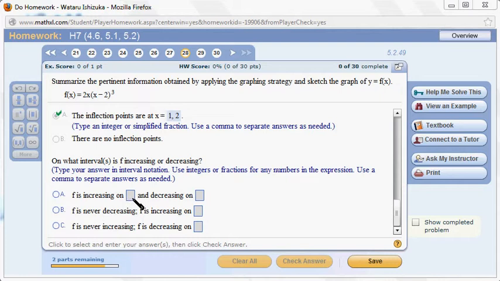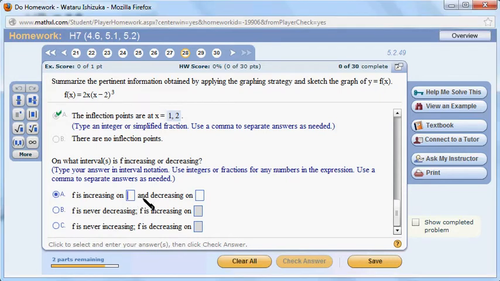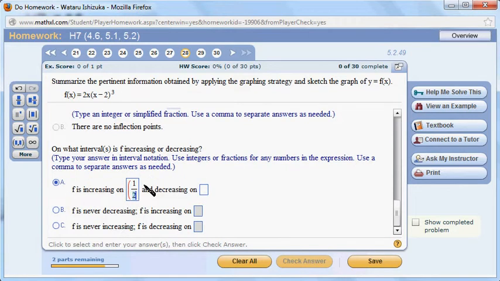Alright, so it's increasing on, let's see, 1/2 to positive infinity. Alright, and decreasing on from negative, oh, I didn't put the parenthesis, oh, sorry.